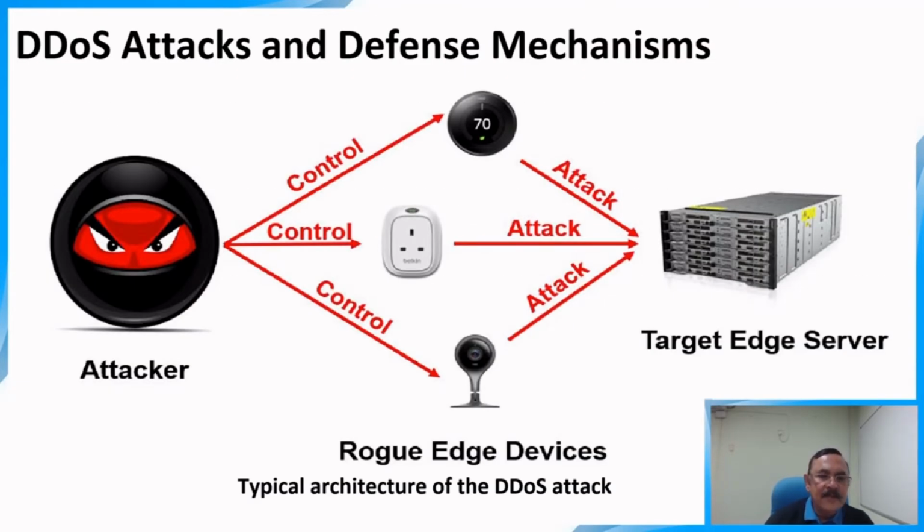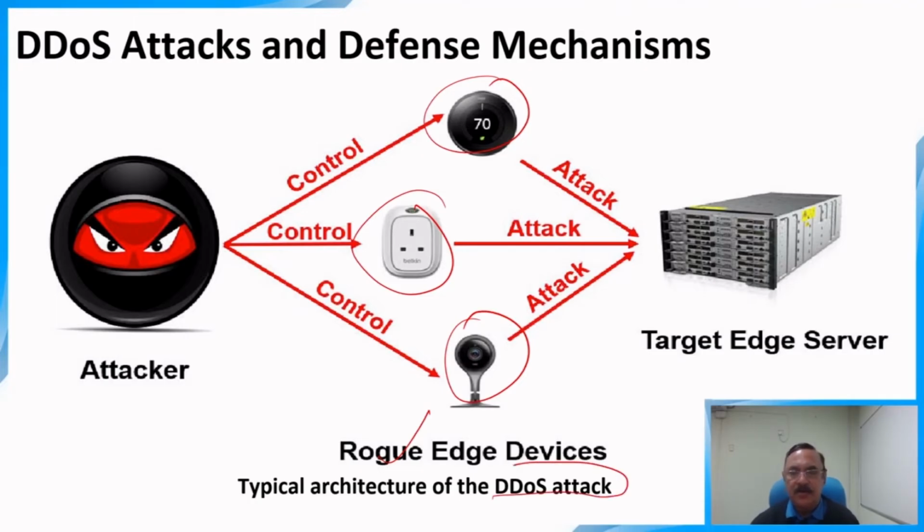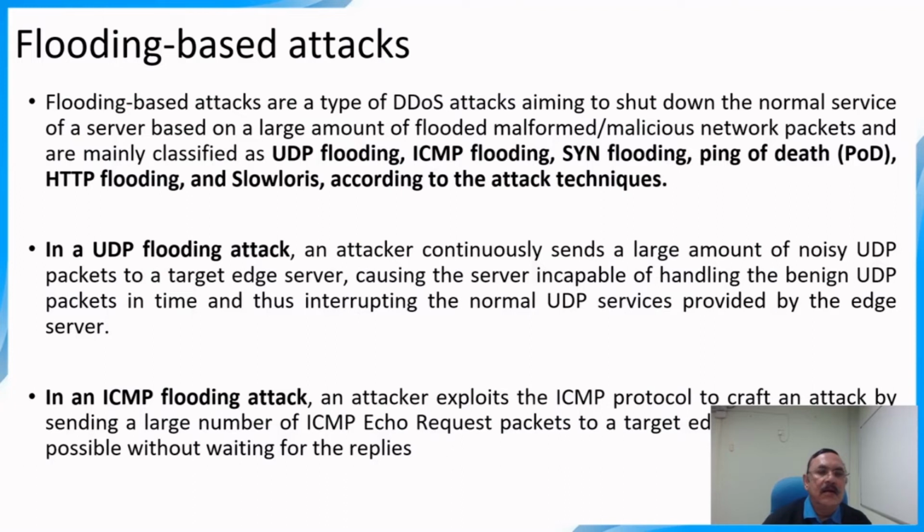Here you can see that the attacker takes control of these devices, and they become rogue edge devices. This is the typical architecture of a DDoS attack. The attacker then uses these devices to inject unnecessary information into the system, thereby preventing the edge server from responding to legitimate requests.